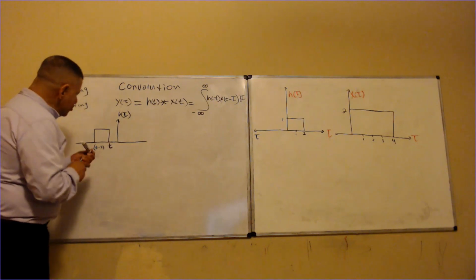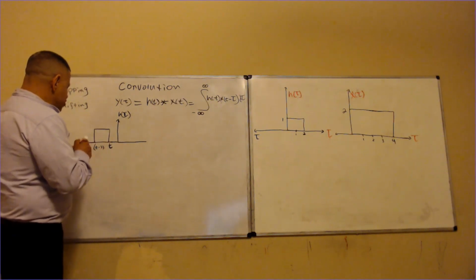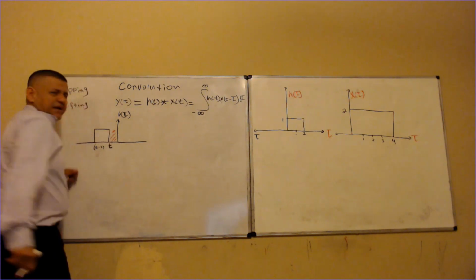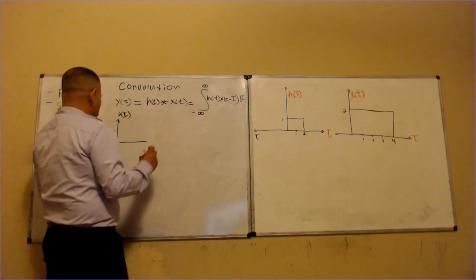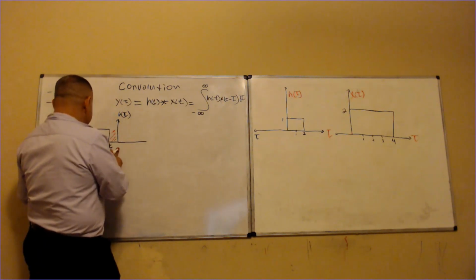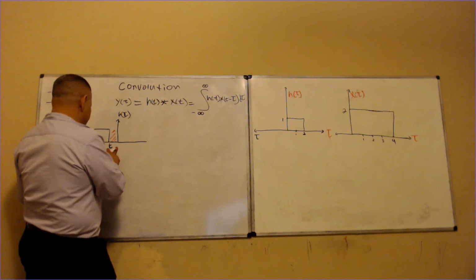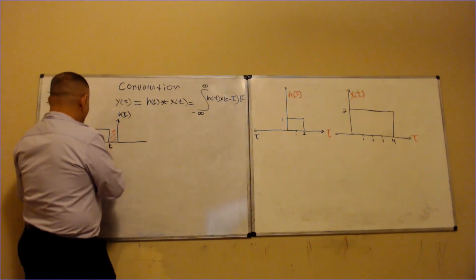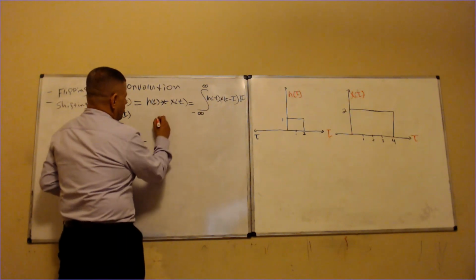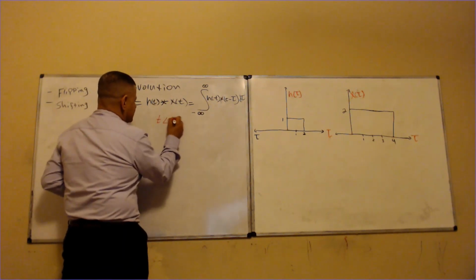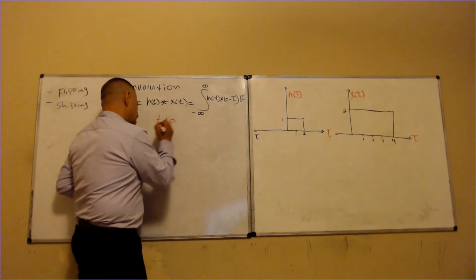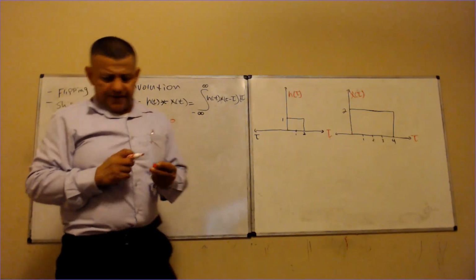Now, as you notice, in this region is nothing. It's an empty space, right? So therefore, we can say that in this space right here, when t is less than 0, there is no overlapping.